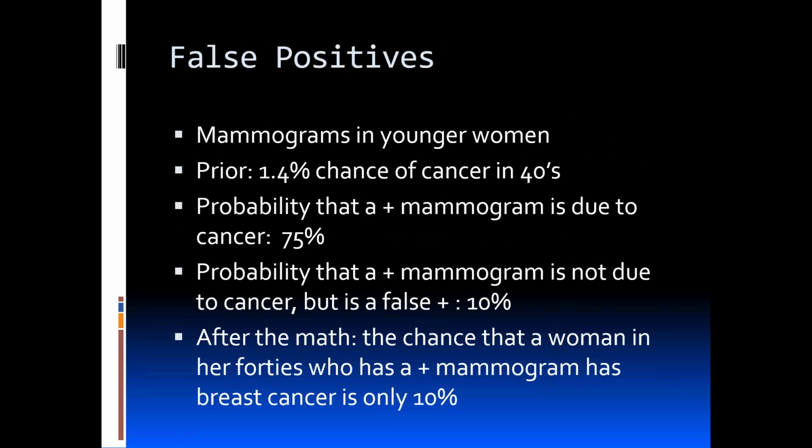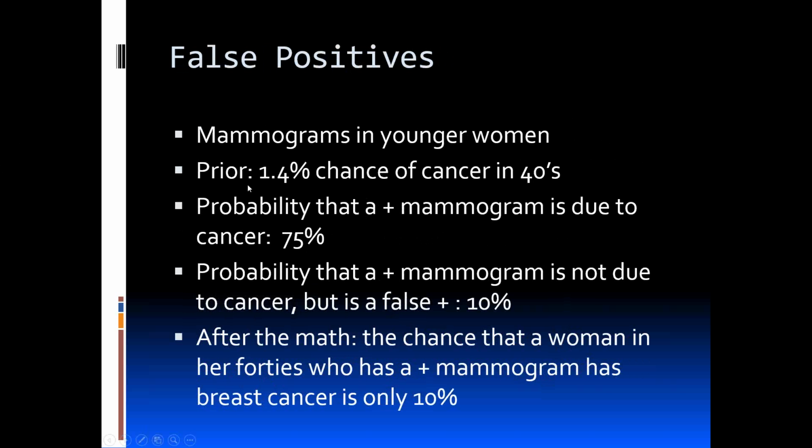And so ideally, if someone has a positive test for strep throat, we hope they really have strep throat and that it's not a false positive. Likewise, if we do a test and there's a lot of false negatives, we won't catch people that actually have the disorder. So we're going to talk about mammograms, and specifically about mammograms done on women in their 40s.